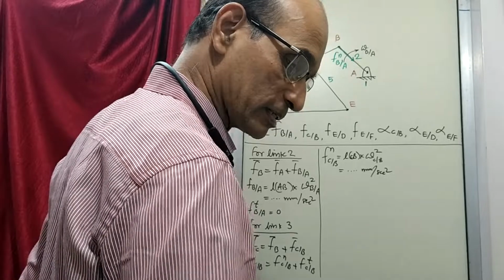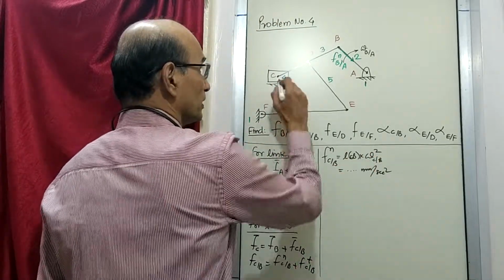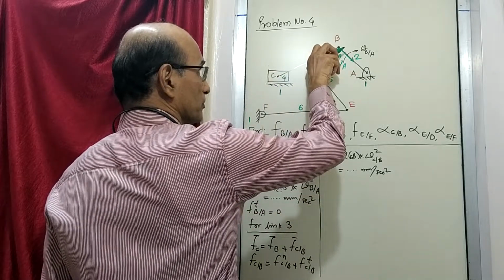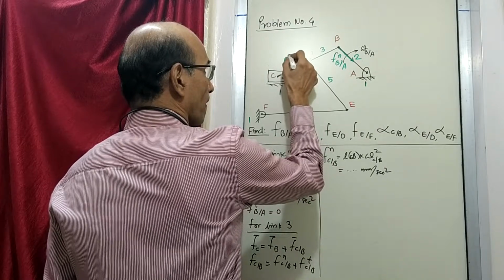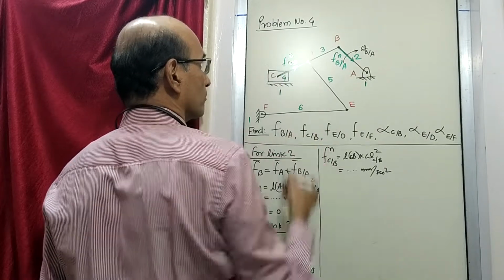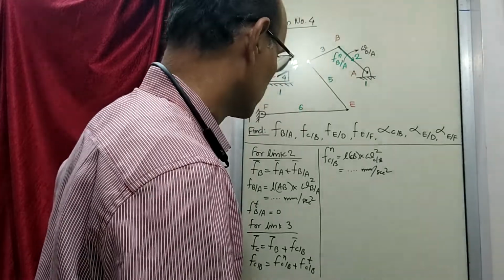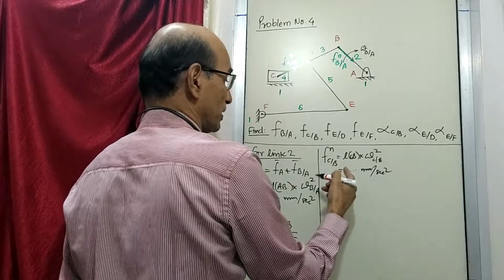So it is like this from capital C towards capital B in the linkage diagram. So we have shown this vector completely by magnitude and direction.